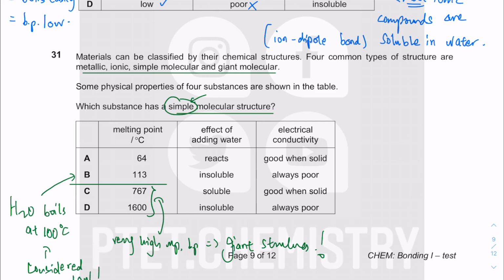Okay, so between A and B, how do I decide whether it's a simple molecule? Well, they will be insoluble when you add water, but sometimes they can react. Okay, but here, is electrical conductivity always poor or good when solid? Good when solid, this is important. Good when solid is going to tell you that it's metals.